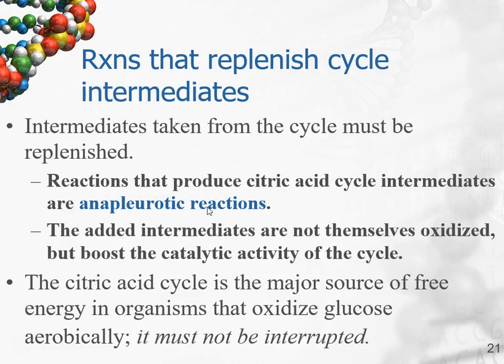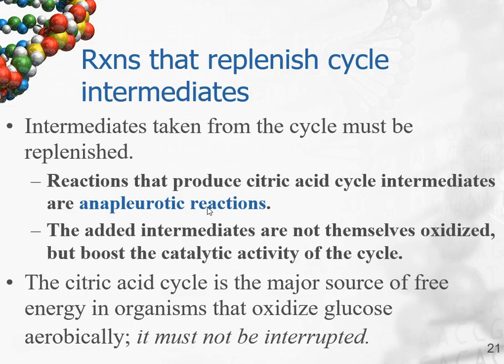So if you are taking intermediates from the citric acid cycle, you need to put them back, because the citric acid cycle is the major source of free energy in organisms that oxidize glucose aerobically. So if you're constantly siphoning away intermediates, then you'll interrupt the cycle, and that won't help the organism obtain the free energy that they need from the oxidation of glucose.